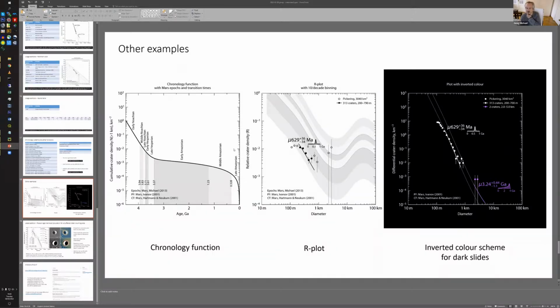If you remember what they're saying, if the theoretical size frequency distribution was actually a straight line curve with a -2 slope, then these isochrons here would be exactly horizontal. But these curves are representing the deviation from the straight line plot. And this is what is interesting about an R plot, that it enhances the deviations from the straight line function.